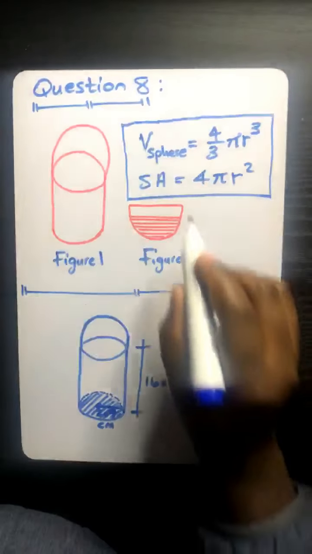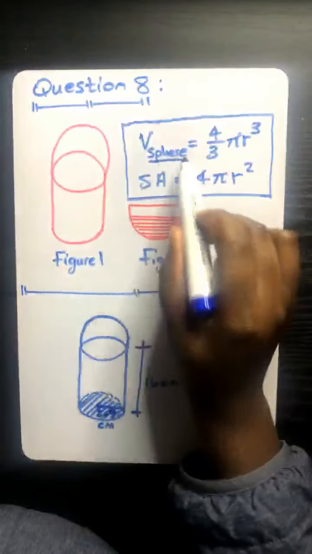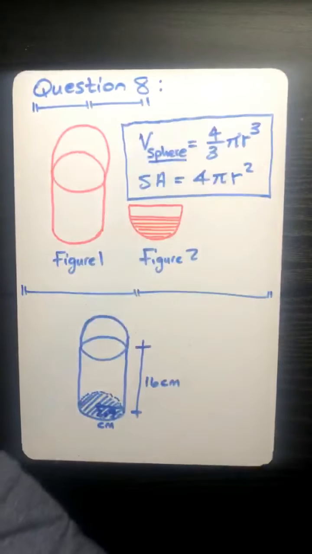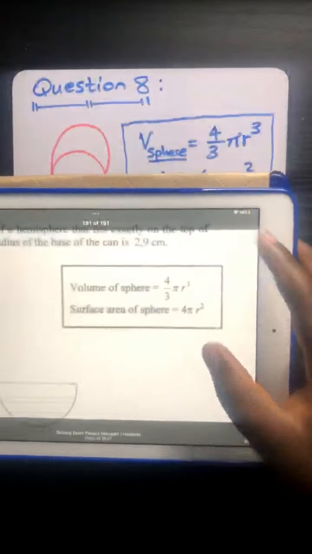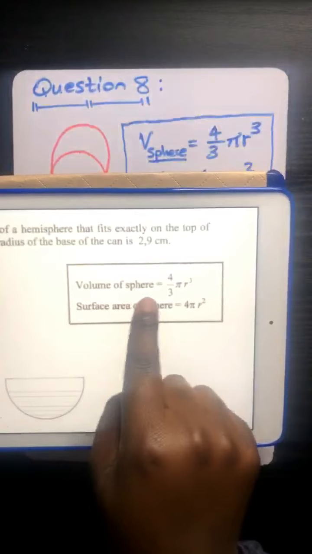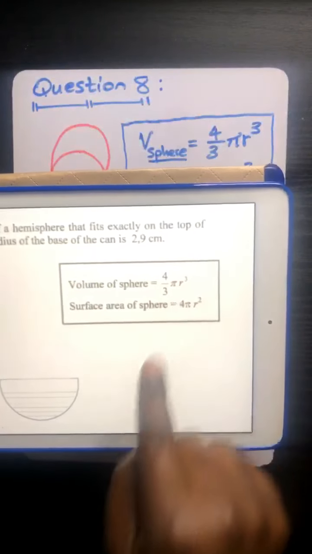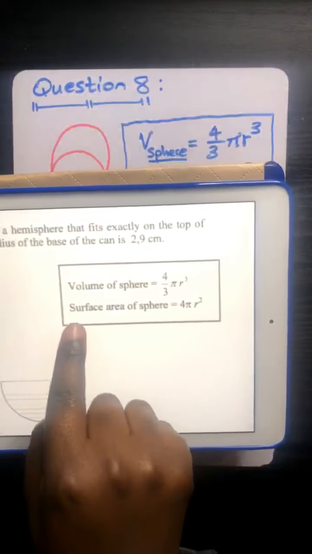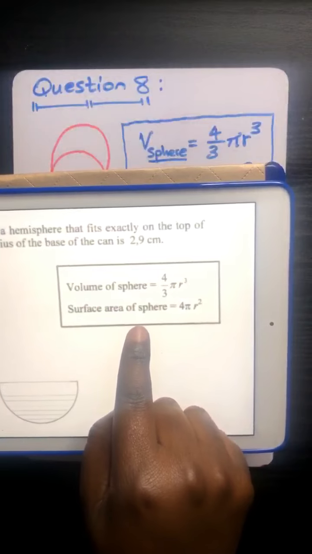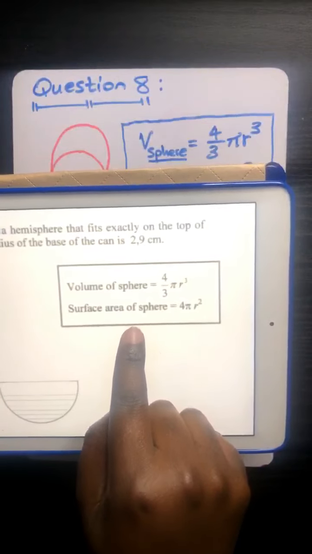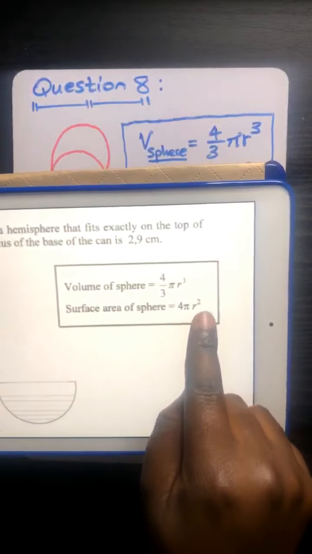Here we are given the volume of a sphere. Let me bring the original question so that you guys are able to see. We are given the volume of a sphere being equal to 4/3 pi r cubed. And again, we are given the surface area of a sphere, which is equal to 4 pi r squared.